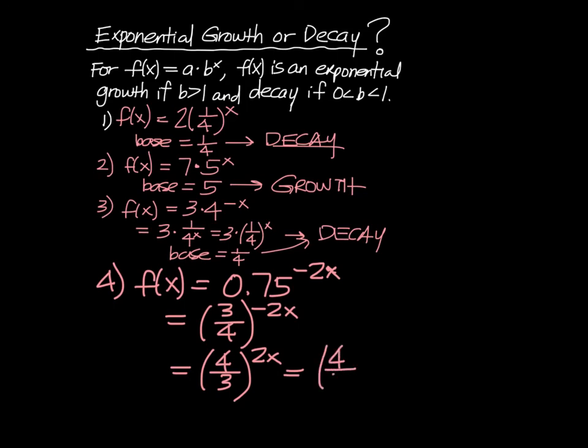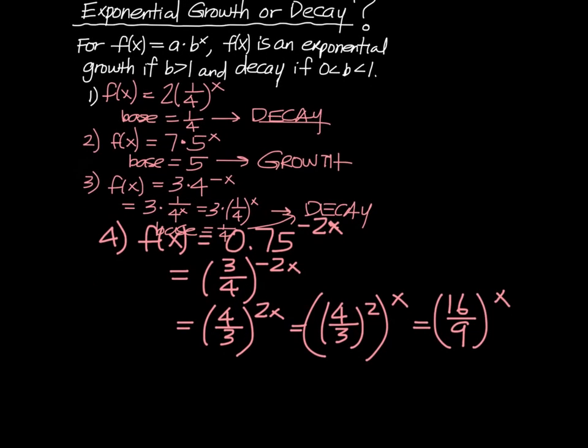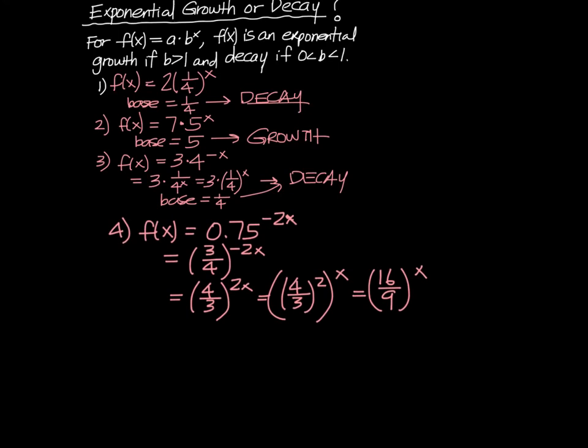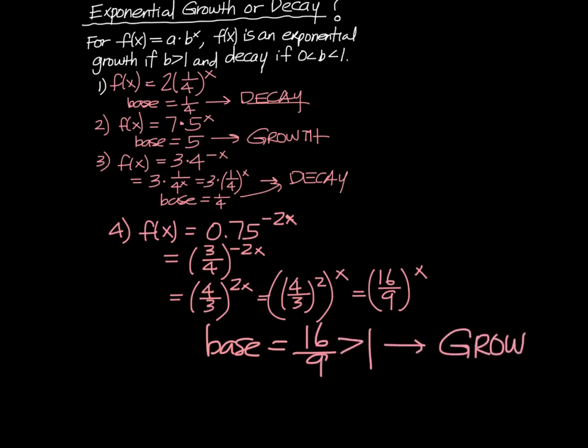Then I'm going to raise this to the second power and then raise the whole thing to the x power, giving me 16/9 to the x power. Well, 16/9 to the x power means that my base is 16/9, which is greater than 1. So what we have here is a growth.